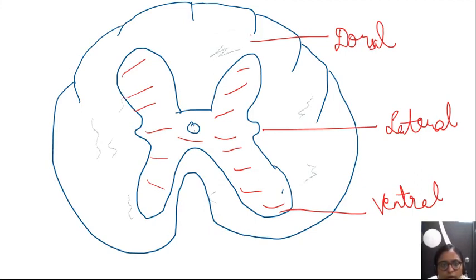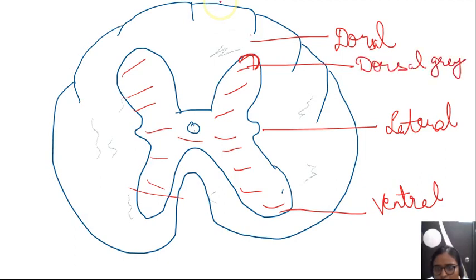See, this is a horn, and it is gray. You know that it is a butterfly H-shaped structure, with gray matter on the inside and white matter on the outside. So what is the name of it? It is gray matter and it is on the dorsal side, so name it dorsal gray horn.